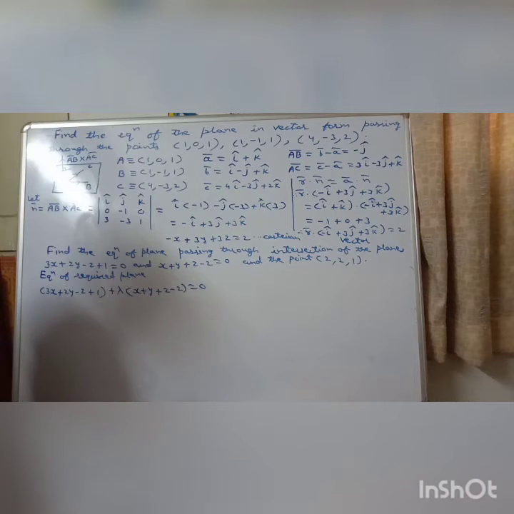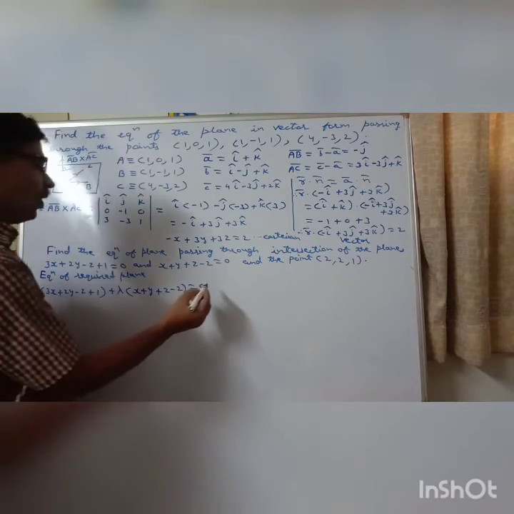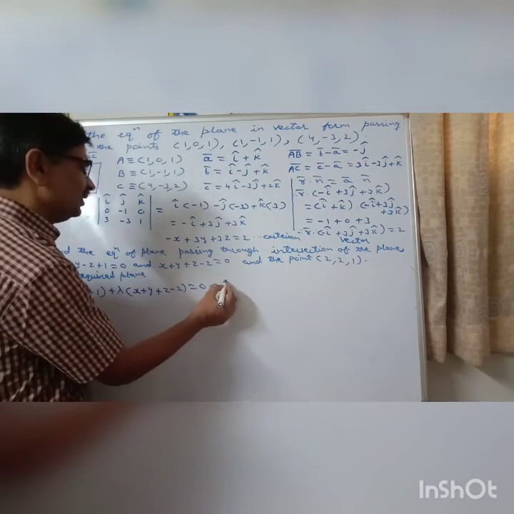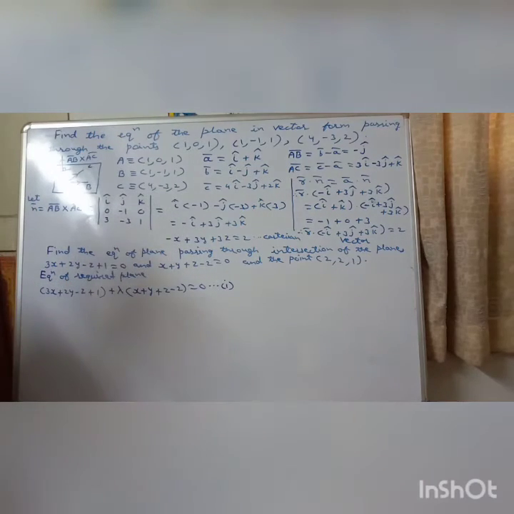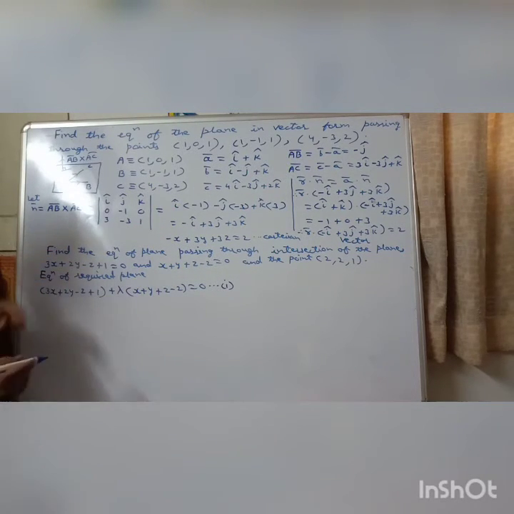As lambda can have infinite real values, we get infinite planes passing through the intersection of two planes. But here one condition is given. For convenience, here we shall denote this as equation 1. One condition is given, that the required plane passes through the given point. It means that the point lies on the plane.